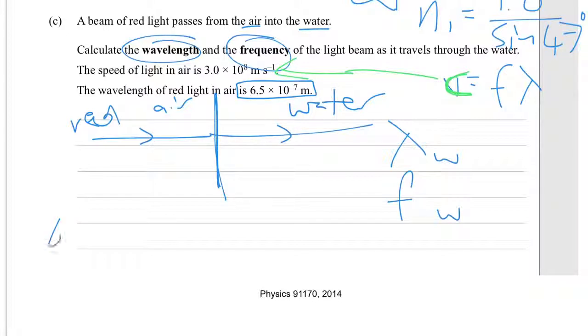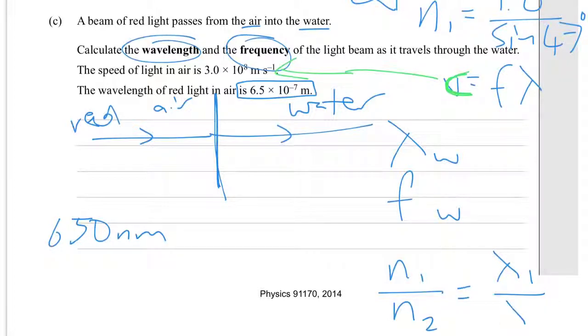Okay, that happens to be 650 nanometers. So we've got a formula here, if you remember, the refractive index in one medium divided by the refractive index in another is equal to the wavelength in that one medium divided by the wavelength in the other medium.